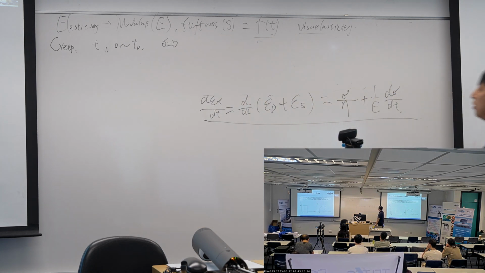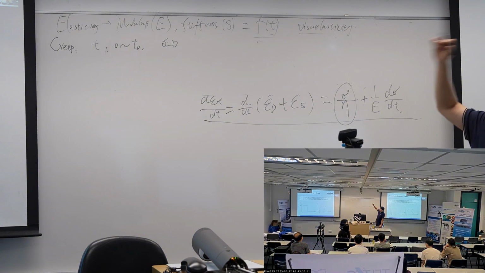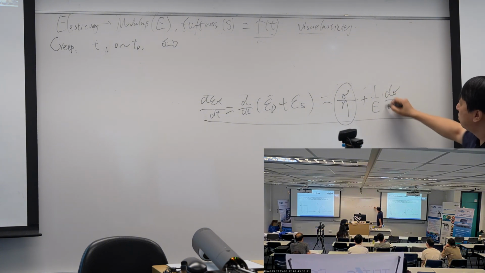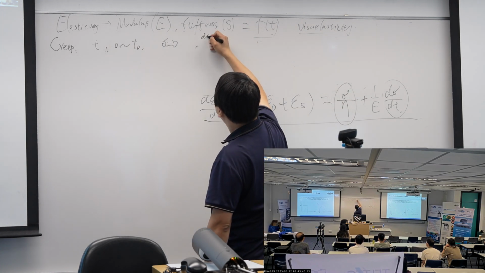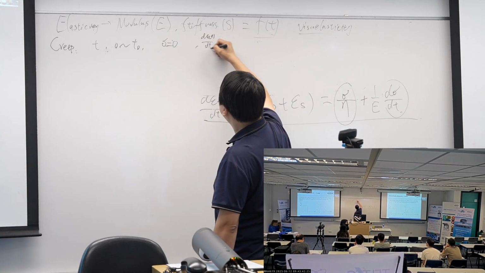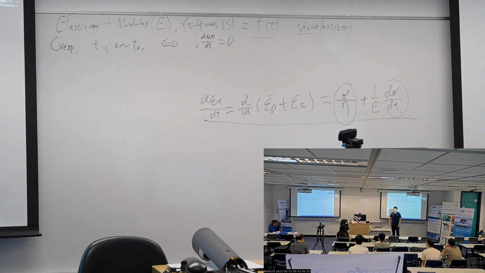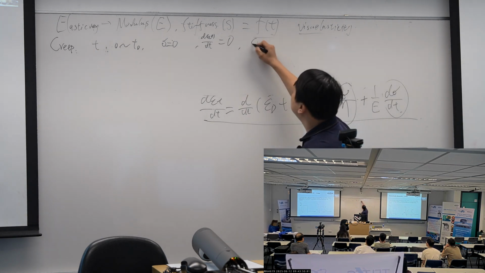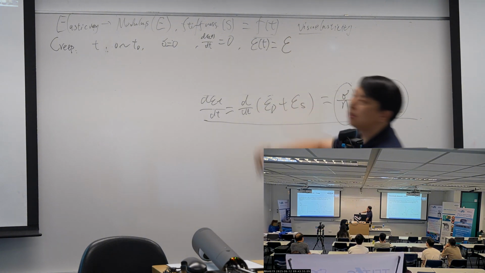There is no force, so this term is 0. And the force is constant 0, so this term is also 0. So d epsilon t over dt is 0, which means the deformation does not change. The deformation does not change, just gives us that the deformation should be a certain constant.